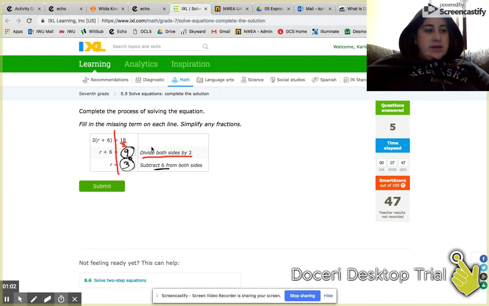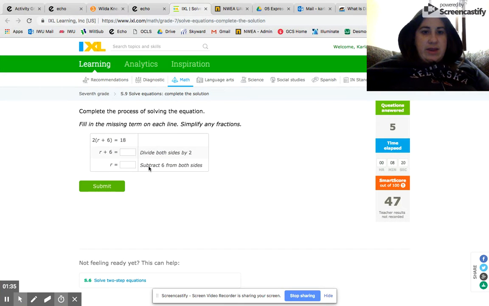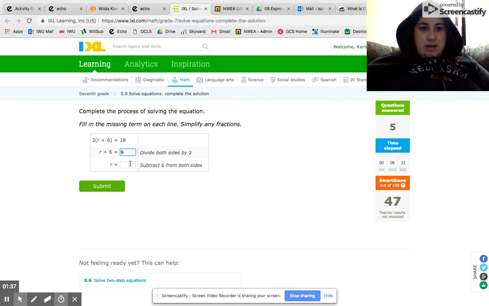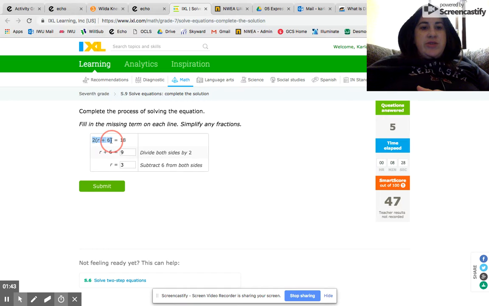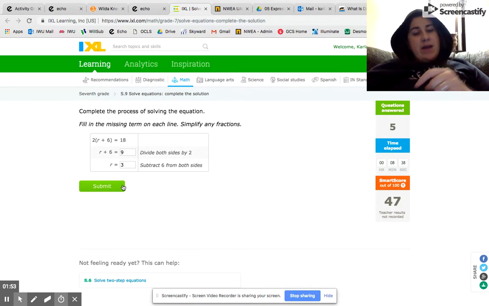Let's see if I'm right. I said 9 and 3. 9 and 3. Do you guys notice that here it had distributive property, but they got rid of the distributive property by just dividing by 2? You can do it that way as well. We'll talk more about that later.